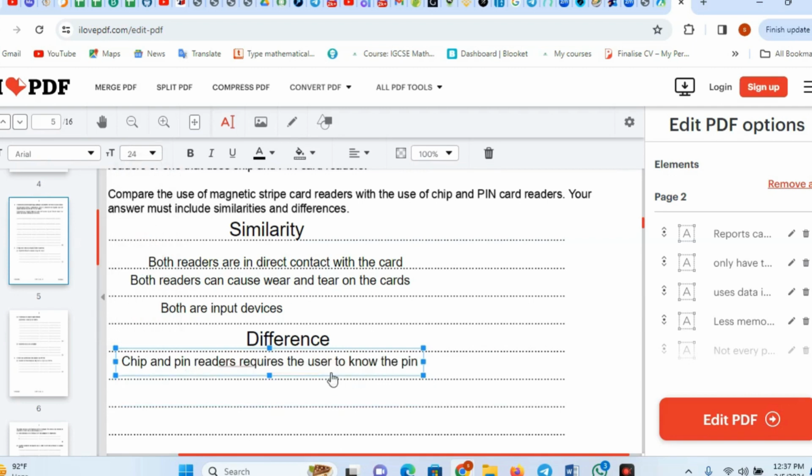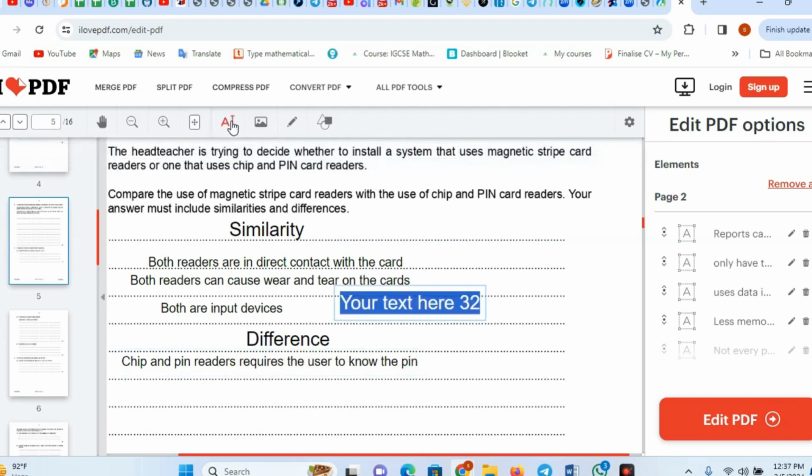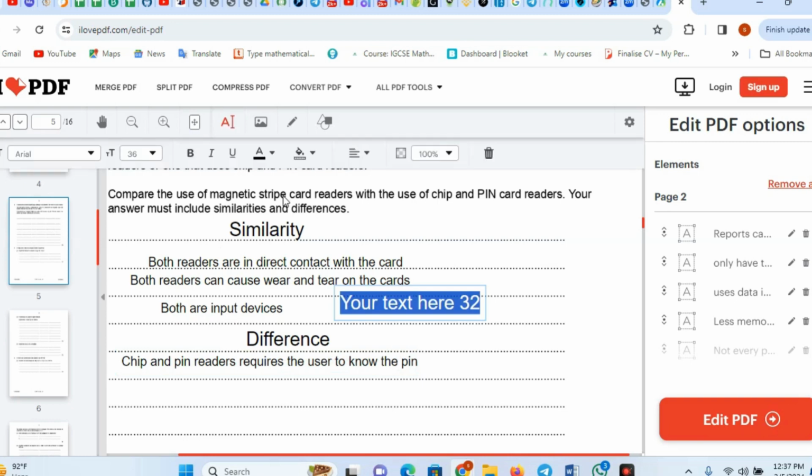So when you are using chip and pin as a user, you are required to know the pin. Two is what? It is more secure as a pin is needed.